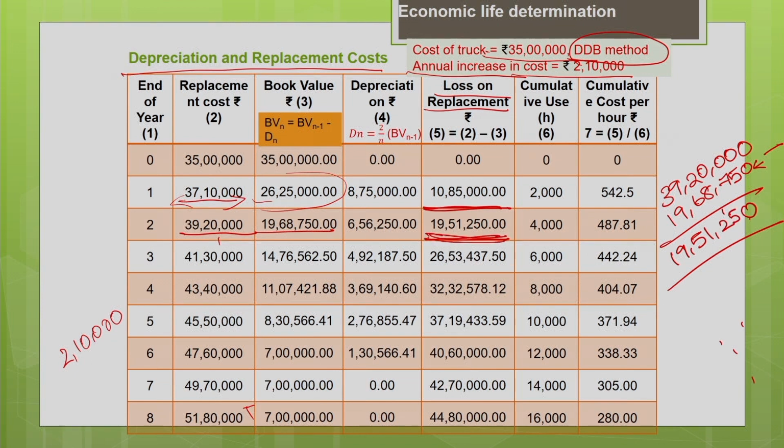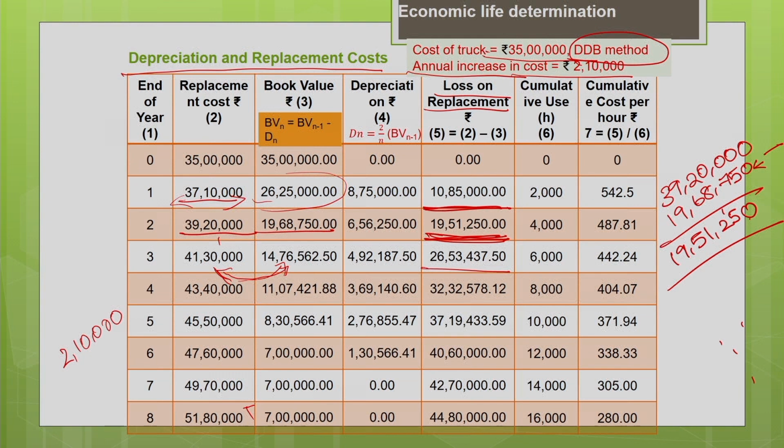So, this is your loss on replacement at the end of second year. Similarly, you can calculate for the third year, 41,30,000 minus your book value, 14,76,562. If you find the difference between these two, you will get the loss on replacement as 26,53,437. So, already this is on cumulative basis only.